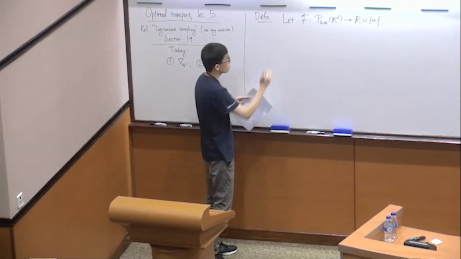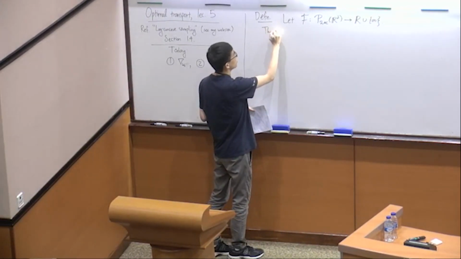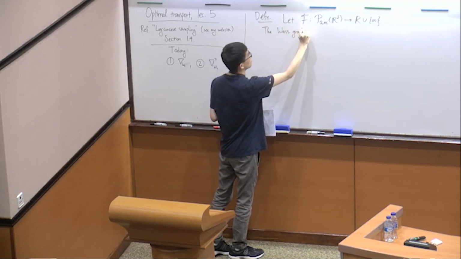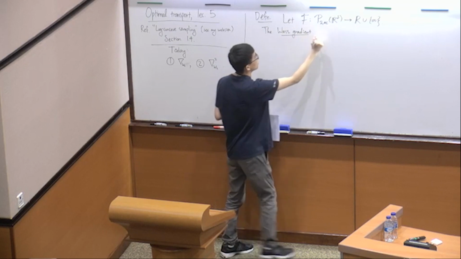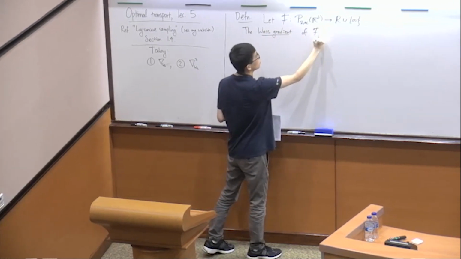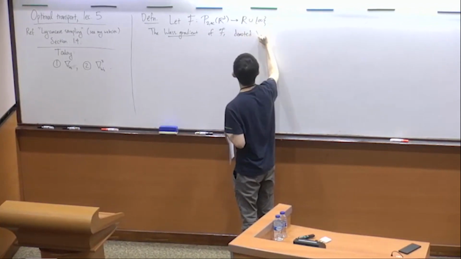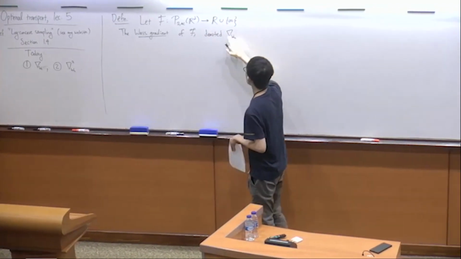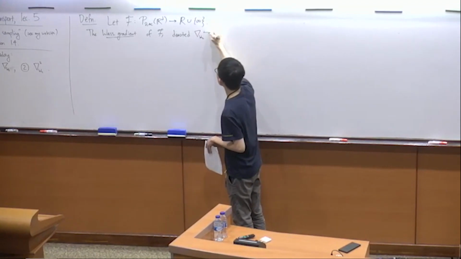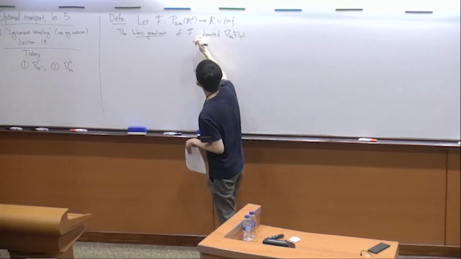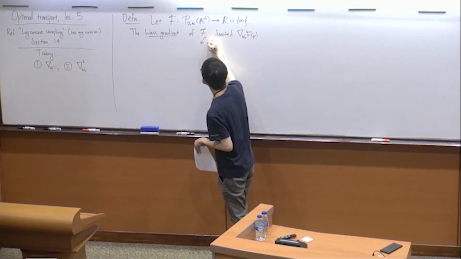Given this functional, the Wasserstein gradient of this functional is going to be denoted nabla with a subscript W2 F. I should say, the Wasserstein gradient at mu.